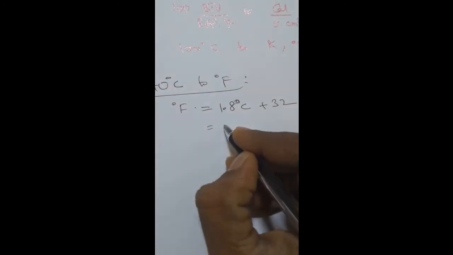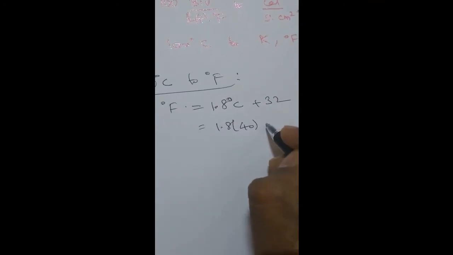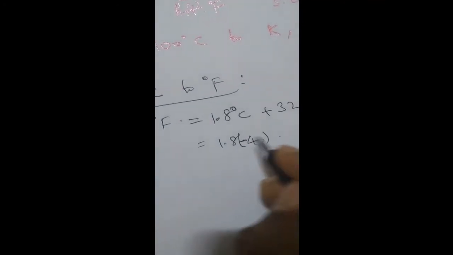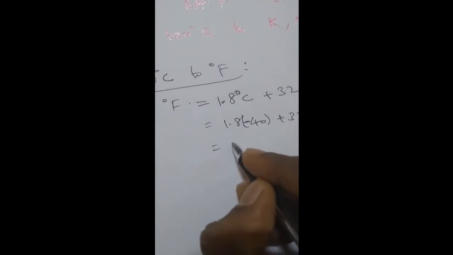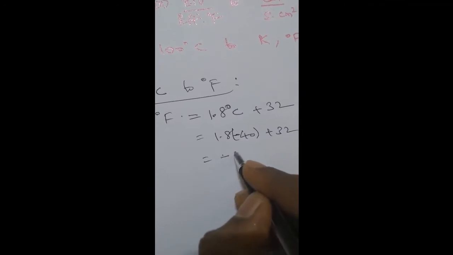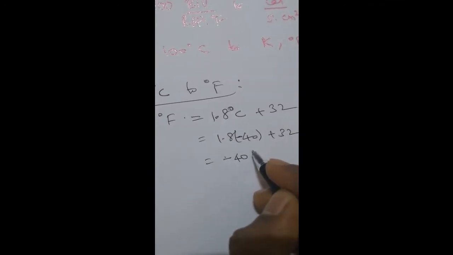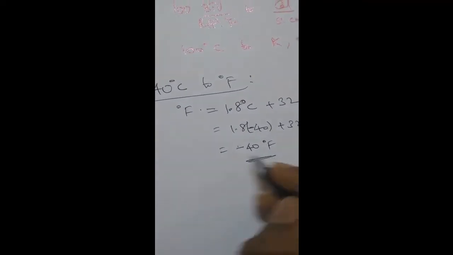So it is 1.8 into minus 40 plus 32, which is equal to minus 40 degree Fahrenheit. This is the A part. Let us take the B part.